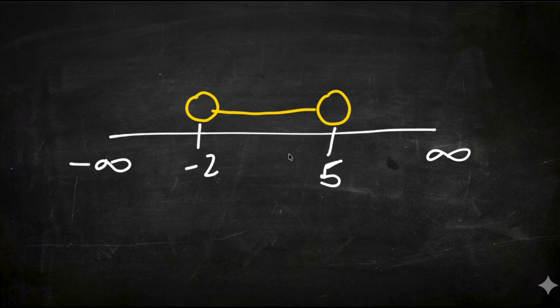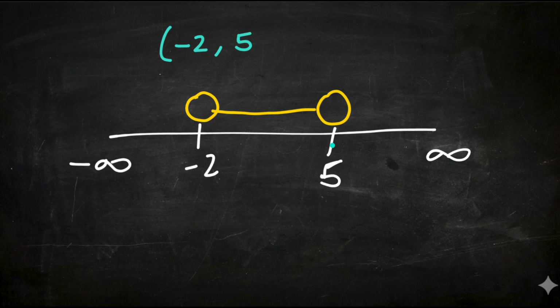Again, remember that we go from the smallest to the biggest. So what's the smallest number that we can have? The smallest number is -2, and the biggest number is 5. But since it's an open circle on -2, we know that it's not included, so it's going to be a parenthesis.